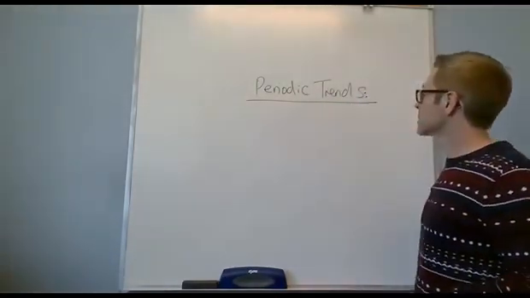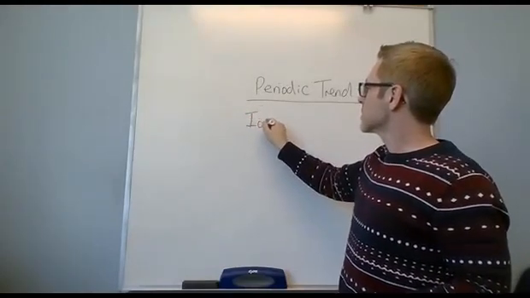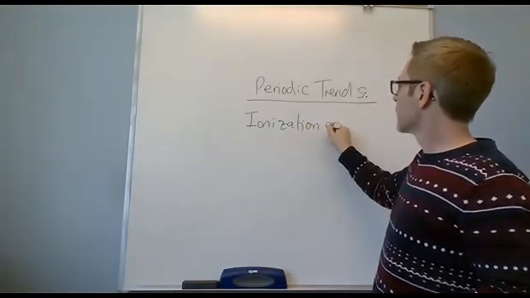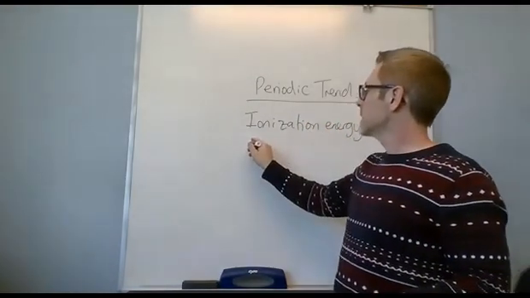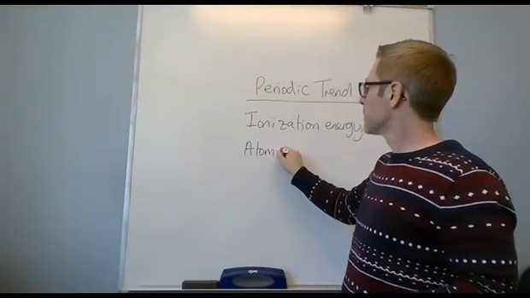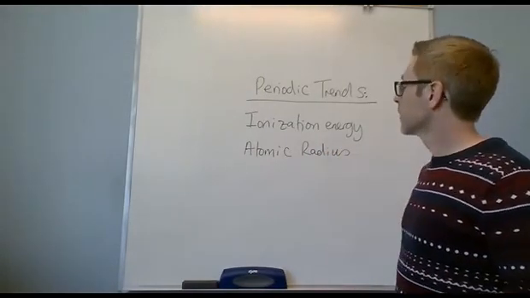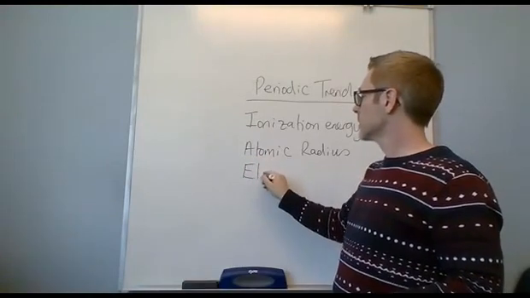Okay, so periodic trends. We are going to be interested in ionization energy. We are going to be interested in atomic radius. We are going to be interested in electronegativity.